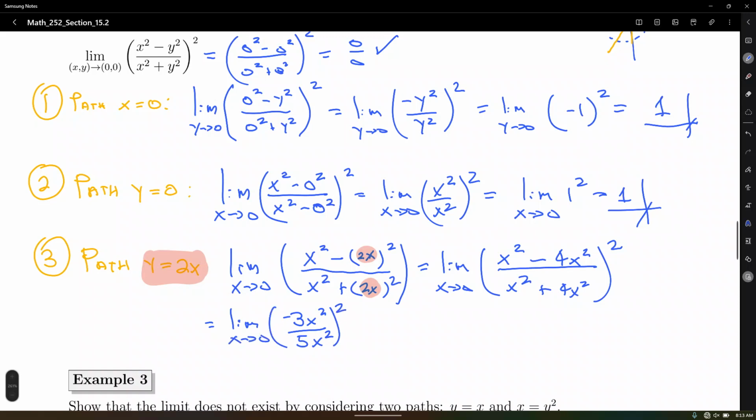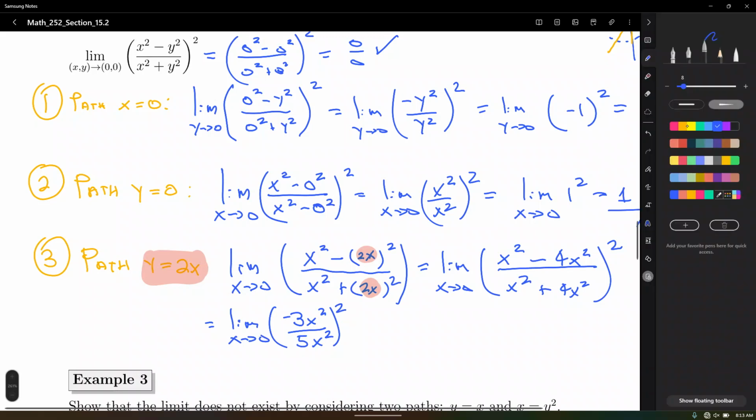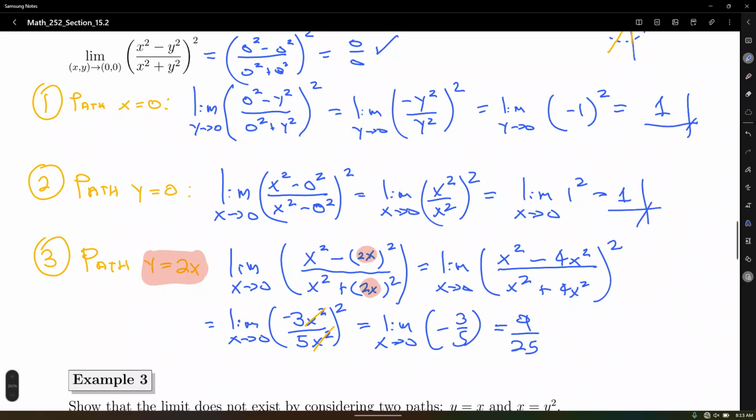Now, the x squareds are going to get canceled, of course. And that's going to leave us with the limit as x approaches 0 of negative 3 over 5, squared, which is 9 over 25. So this is the argument you're looking for to show that the limit does not exist.